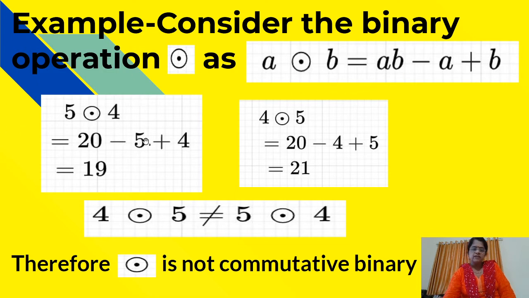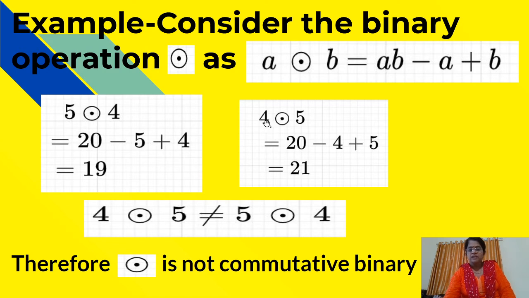Now we will find the value of 5 circle 4, which is equal to, first we have to take 5 into 4 because here AB is there, therefore 5 into 4 is 20. After that minus A, here 5, and therefore minus 5, then plus B, and therefore plus 4, and therefore 20 minus 5 plus 4 is equal to 19.